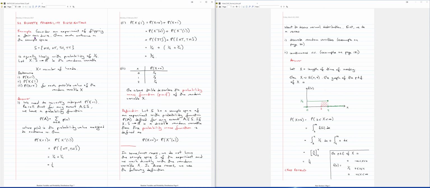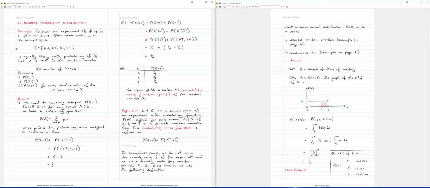Okay, so reviewing discrete random variables, I'll use the simple example that we saw already, that's in the course notes, of course. We have an experiment where we flip a fair coin twice, and your sample space is going to have four outcomes. If you flip your coin twice, you can get two heads, a head and a tail, a tail and a head, or two tails.